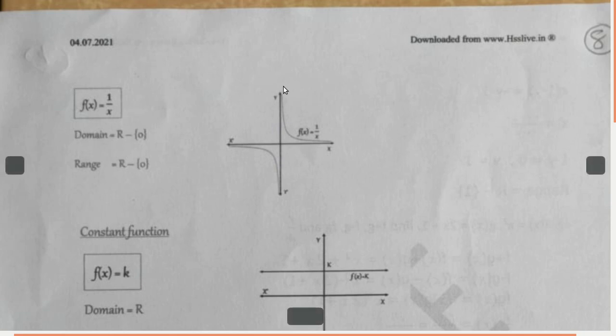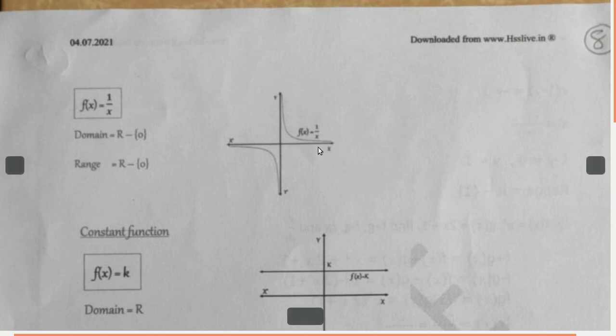Similarly, the range. See, when x is equal to this value, suppose 5, its answer will be here. Actually this graph does not touch the x-axis, it is very close to the x-axis, but does not touch it.